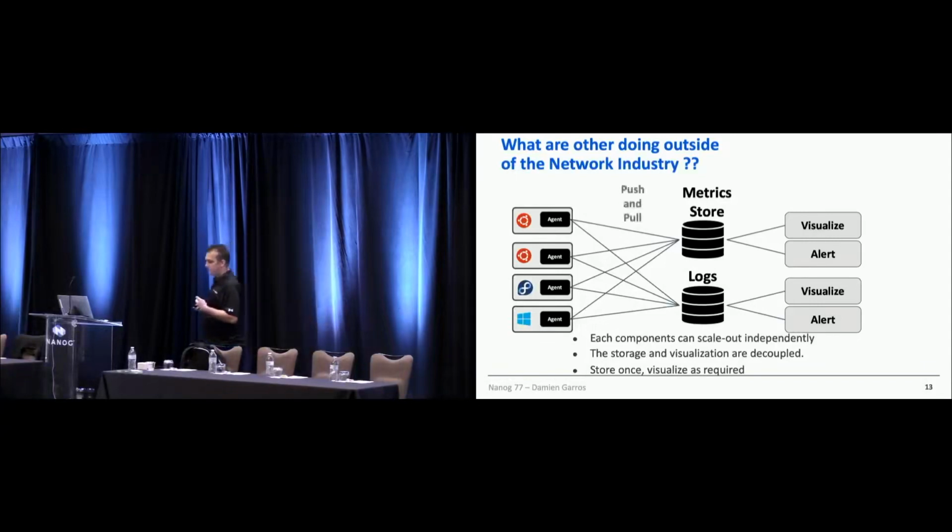And in terms of how we get the data from the server, there are actually as many push and pull solutions. One of the most popular monitoring solutions that we're going to explore today, Prometheus, is using pull from the device. It's doing that in a way that is way more efficient than what we're used to.